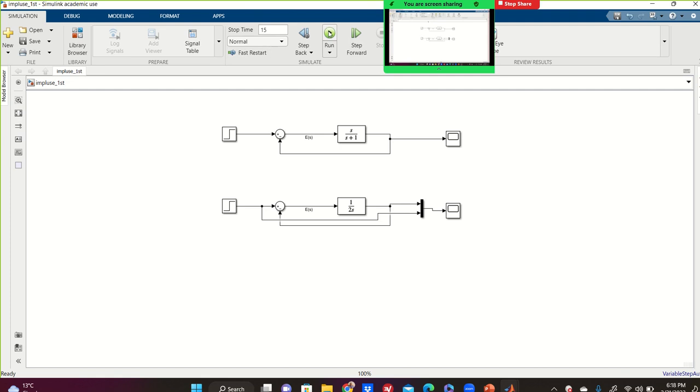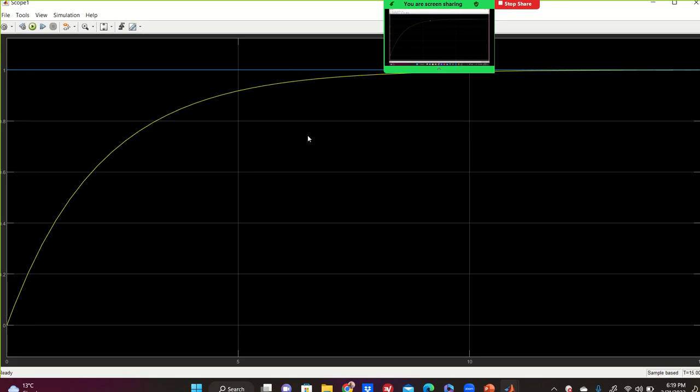So for stable first order systems, here we go. This is the input to the system, the step. This is the output of the system, which goes to there. Stable first order system, guys.